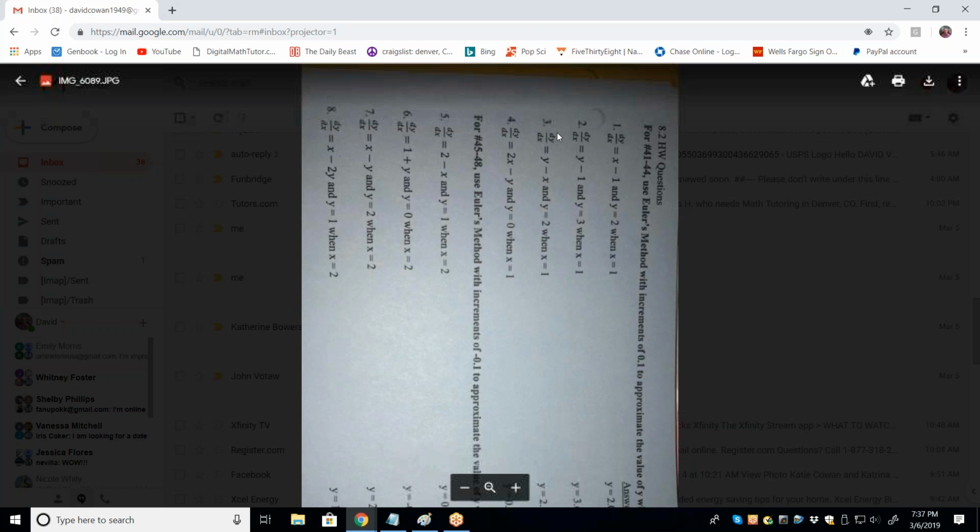The third one is y prime equals y minus x. I don't know how to solve that differential equation, but I am looking at a differential equation with an initial condition, so I can use Euler's method on that also.